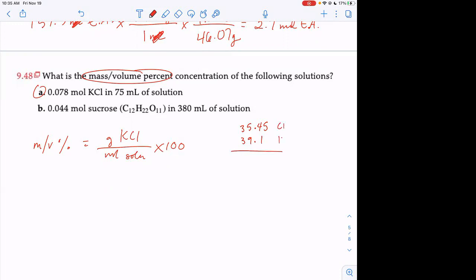So this was the Cl and this was the K. So that would be 5, 5, carry the 1, 7. So there's our molar mass. We got 0.078 moles KCl. What goes on top? What goes on bottom? 74.55 grams on top, moles on bottom.